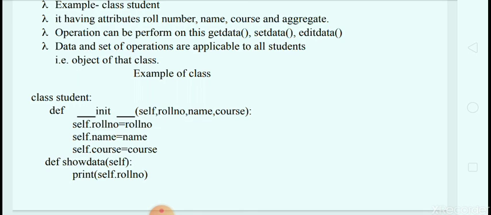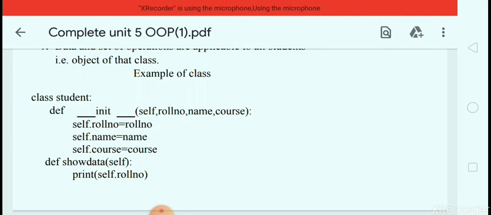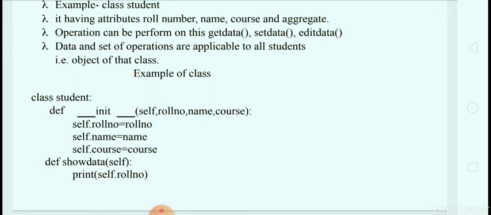While declaring the init method, we use the def keyword, then double underscore init double underscore, and provide the parameters for that function, that is self, comma, whatever data members are present in that class.